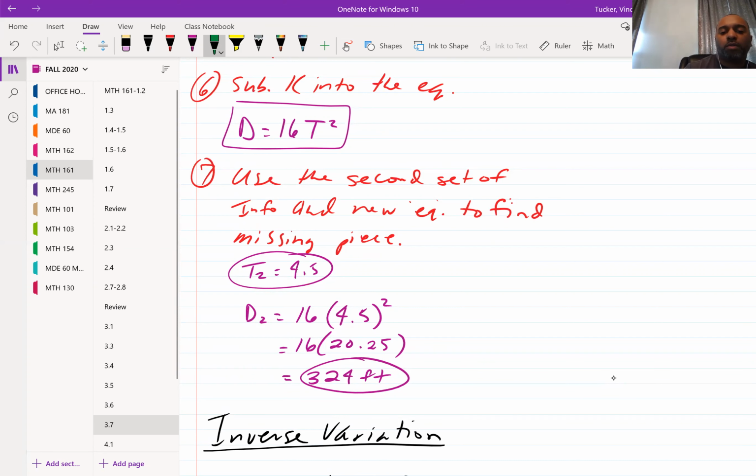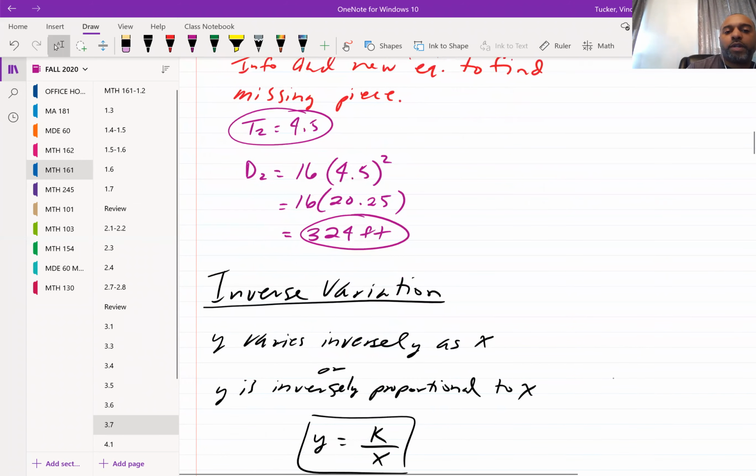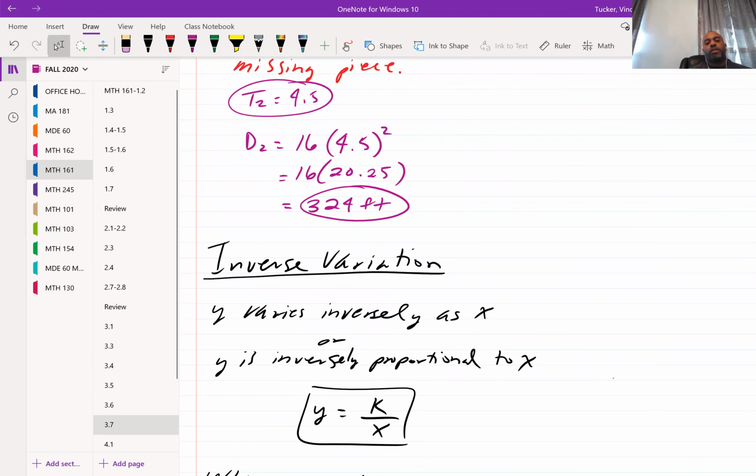All right, next we look at inverse variation. Inverse variation is very similar to direct variation, just that inverse variation has this setup.